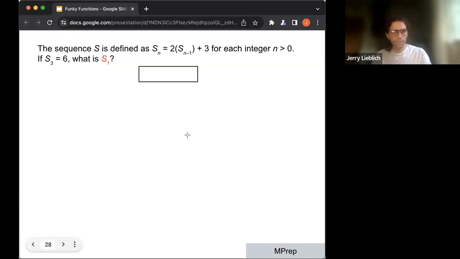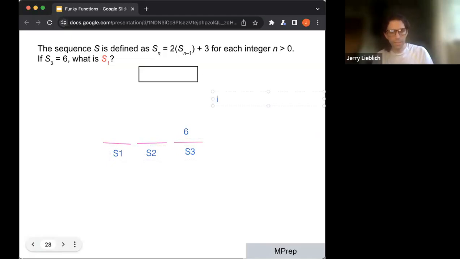So they give us S3. We want to get S1. How are we going to go backwards? Well, notice that the previous term shows up in here.